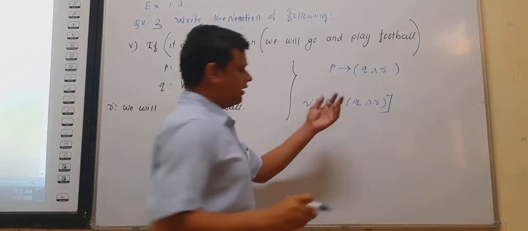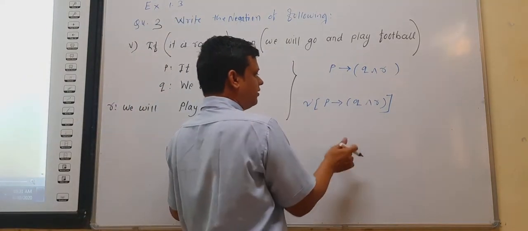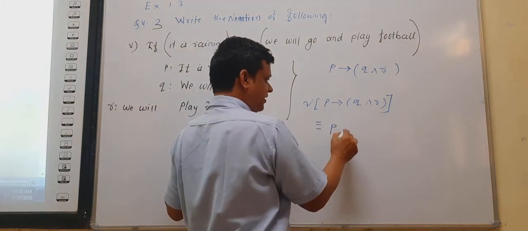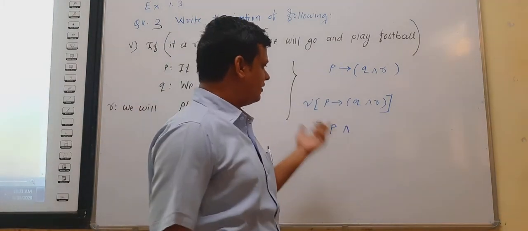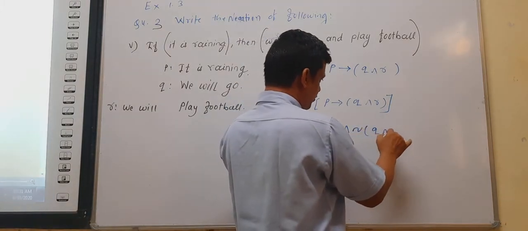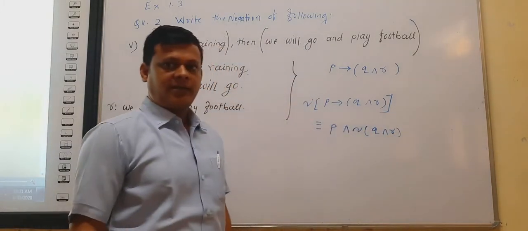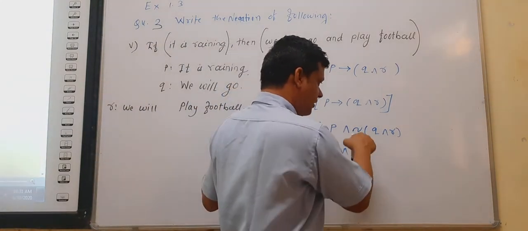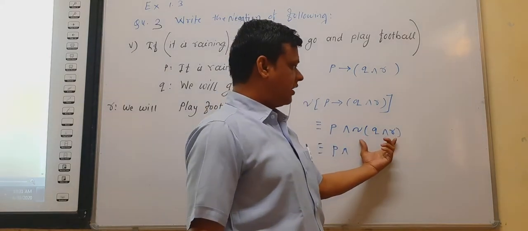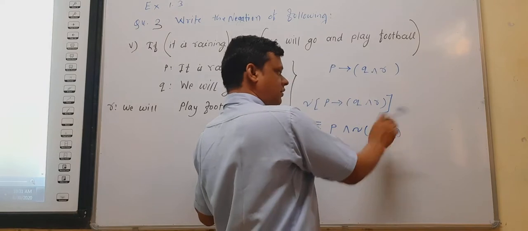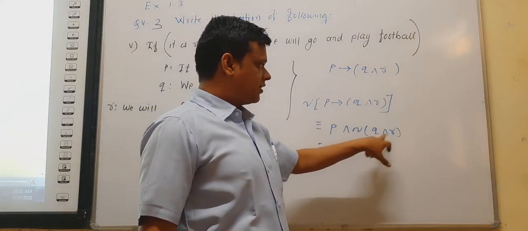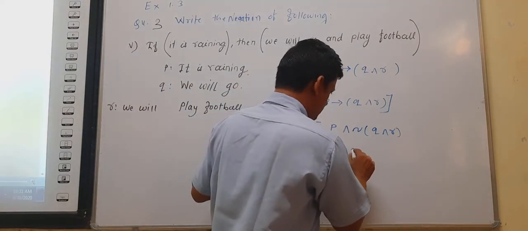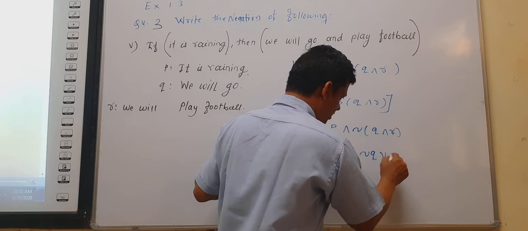In implication we write this implication in conjunction form: first statement as it is and negation of second statement Q and R. Now we have to simplify again the negation of this second statement. Negation of Q and R means negation of conjunction. We write negation for each statement and conjunction converts into disjunction, that is negation of Q or negation of R.